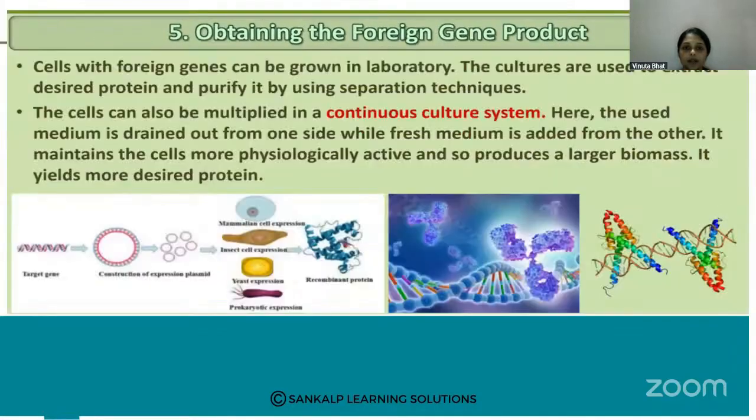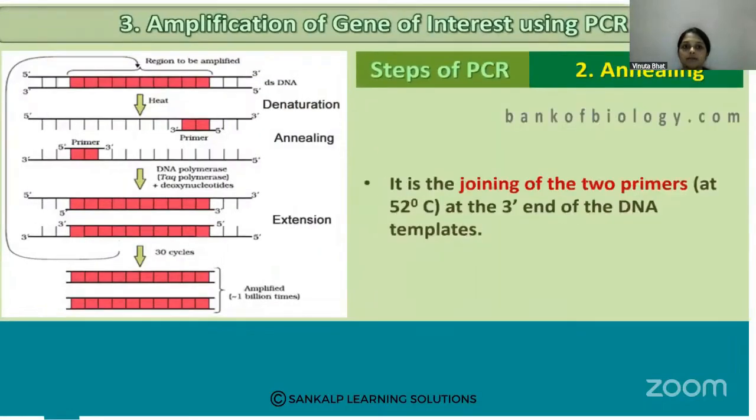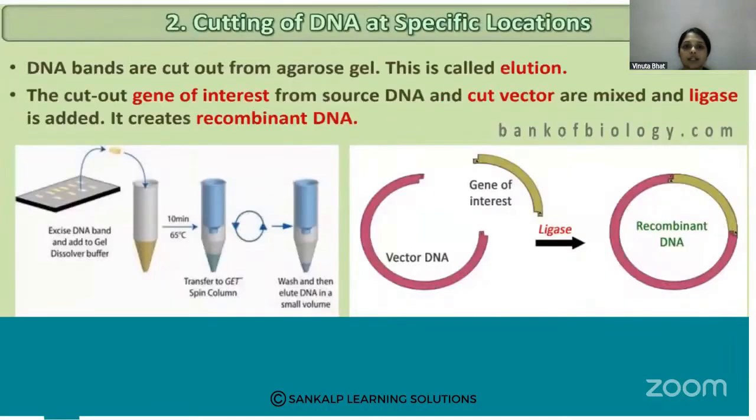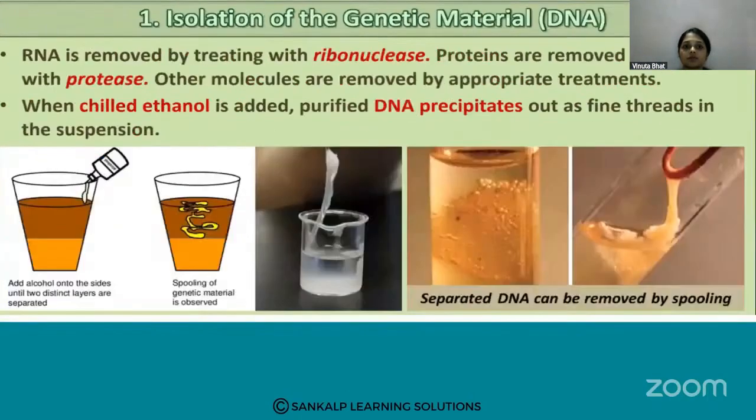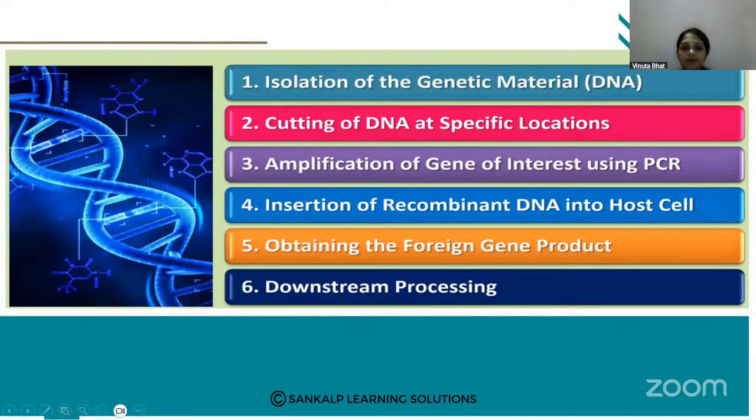So bioreactors and obtaining the foreign gene material, amplification, isolation. These are all the steps we have completed. The first step is isolation. We have isolated the genetic material.